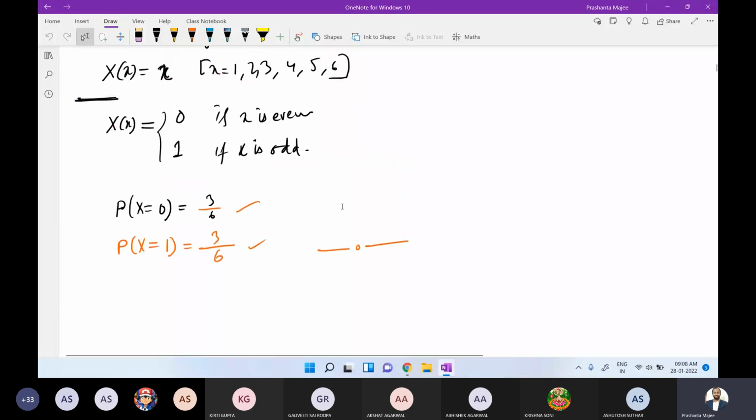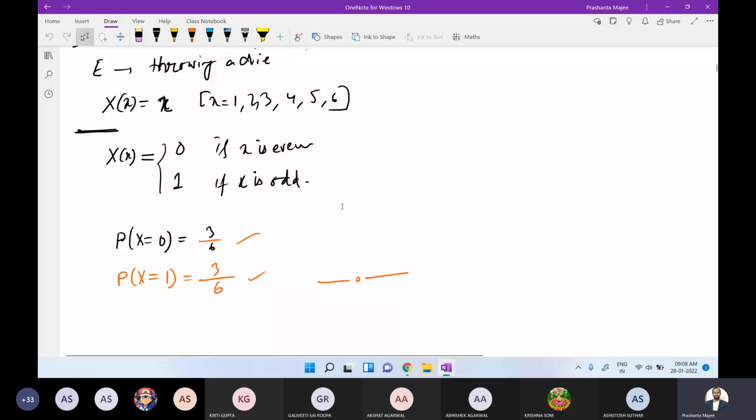So last class we were discussing random variables. A random variable is associated with some random experiment. Random experiment means an act of describing some particular phenomena. A random experiment is that experiment whose possible outcomes are known to you, but which possible outcome is going to happen in a particular performance is not known.